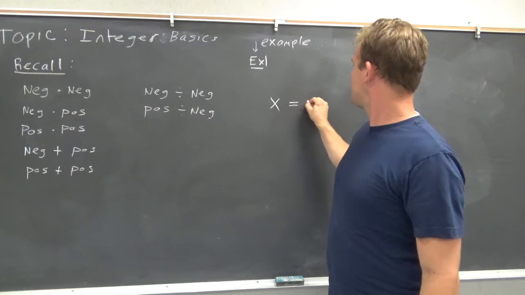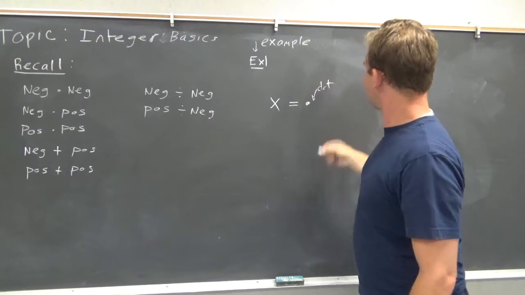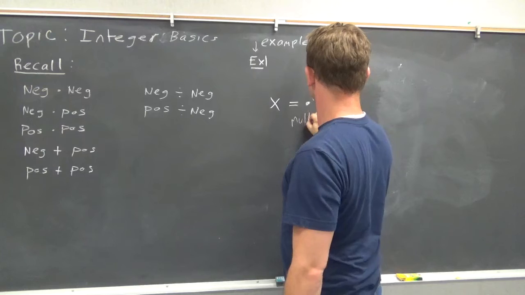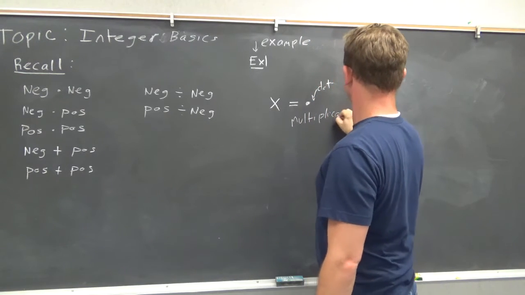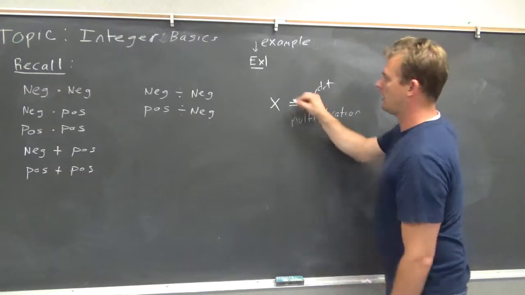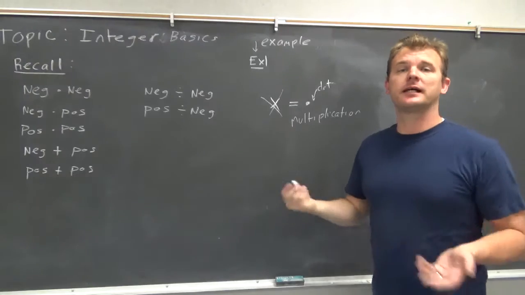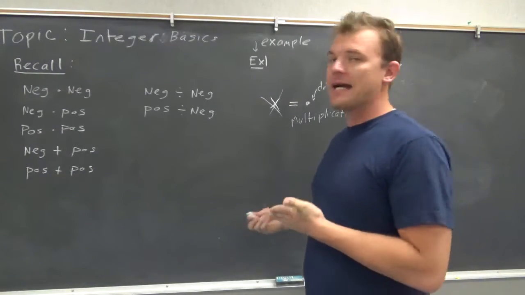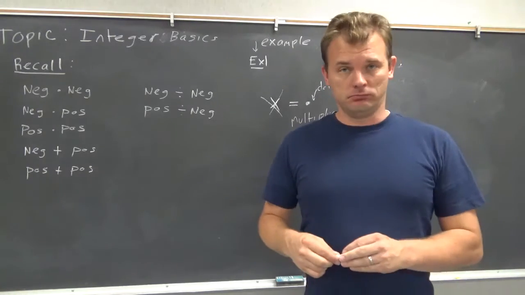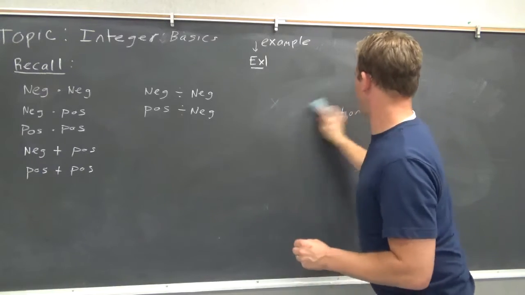We use that little dot, because we are dealing with x's, or letters, in our algebra. So that's what we're dealing with.